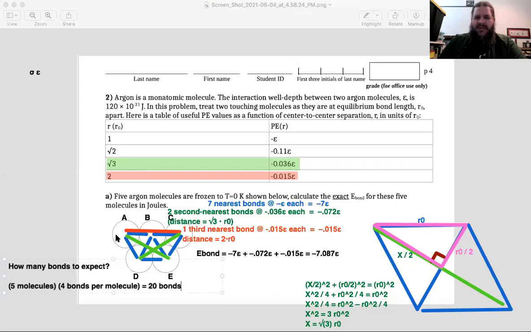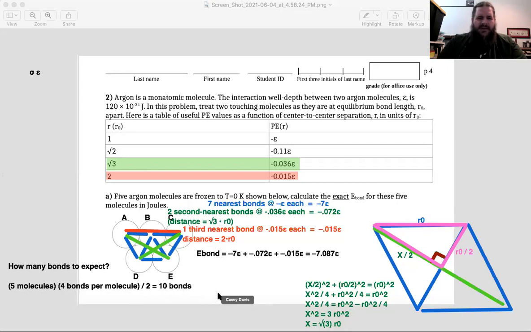So if we're counting the same bond twice, then 20 bonds is too big. What do we need to do to get back down to the actual value? Would you just divide by the 2? Yeah, divide that by 2 to get 10 bonds. Because if we're saying every molecule has 4 bonds, then we're counting each bond twice. So we divide by 2 and there's actually 10 bonds.